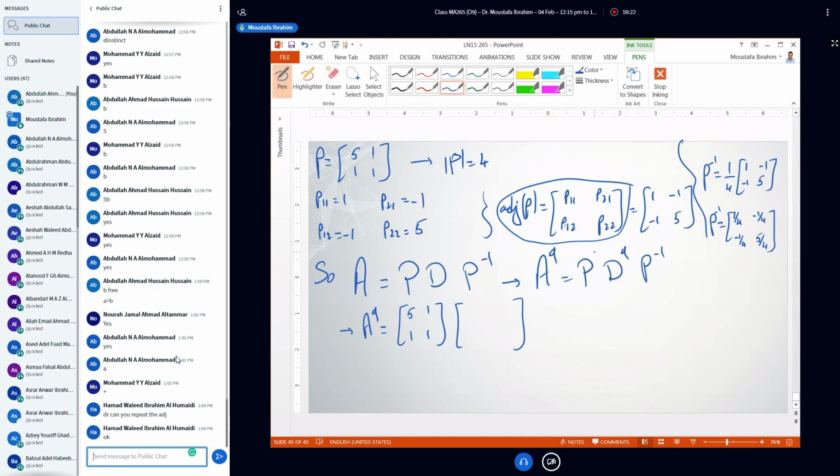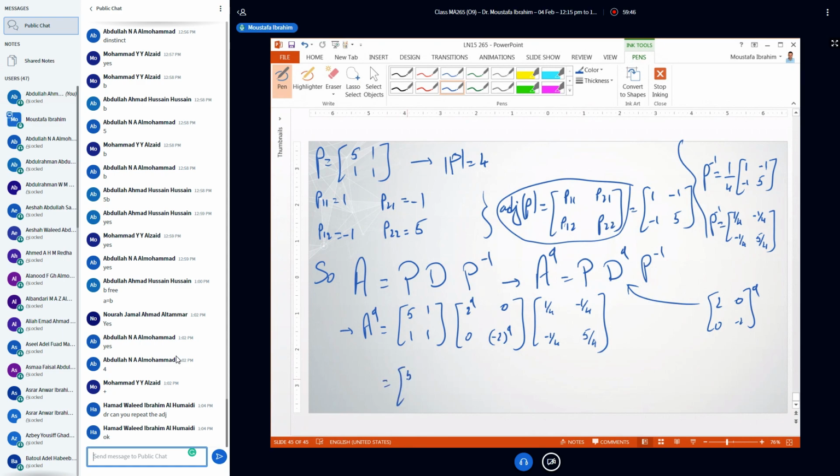Now, guys, D to the power of 9, don't forget, D is 2, 0, 0, minus 2, so it will be 2 to the power of 9, 0, 0, minus 2 to the power of 9. And P minus 1 is 1 over 4, minus 1 over 4, minus 1 over 4, and 5 over 4.